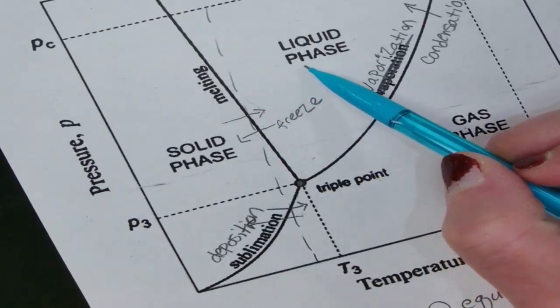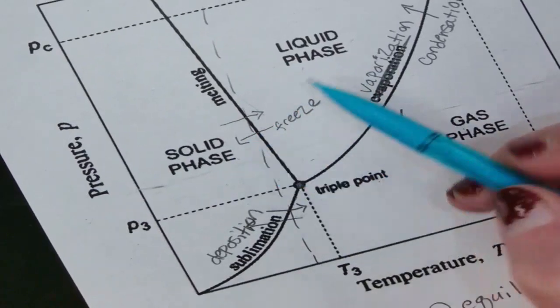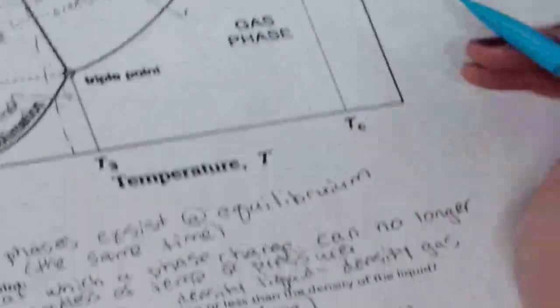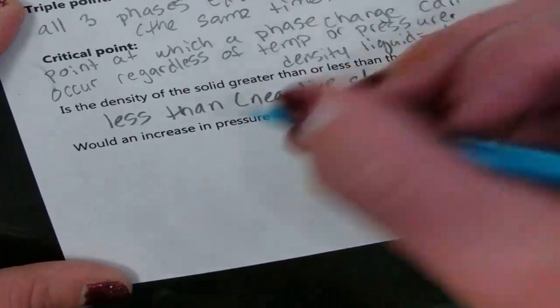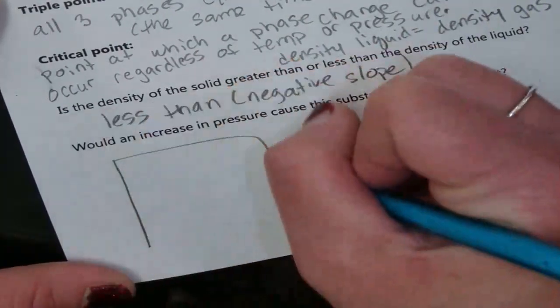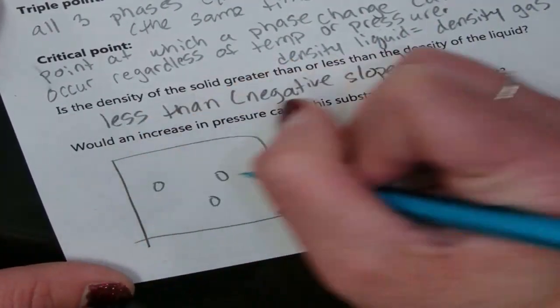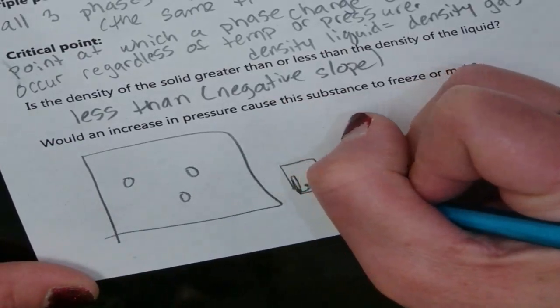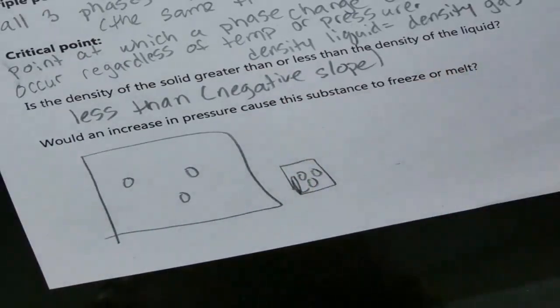My liquid particles are going to become, well, let's talk about this. Let me stop for a quick second. An increase in pressure is a decrease in volume. So if I have a system with 3 particles, if I increase the pressure, I decrease the volume. So what does that do?